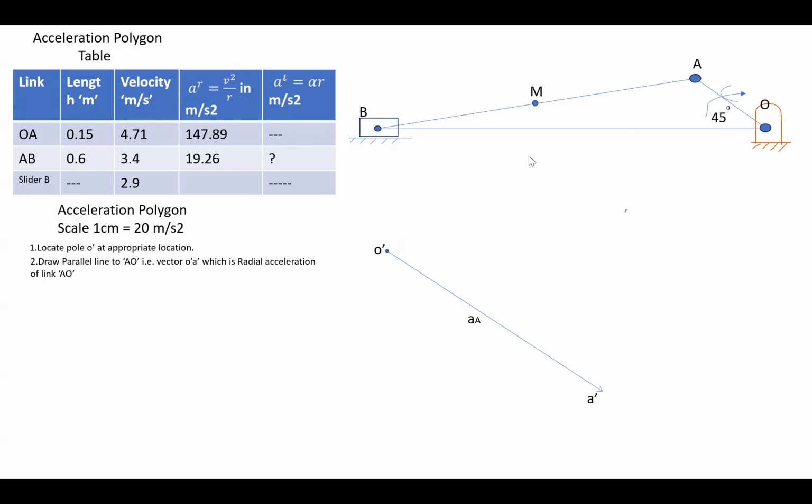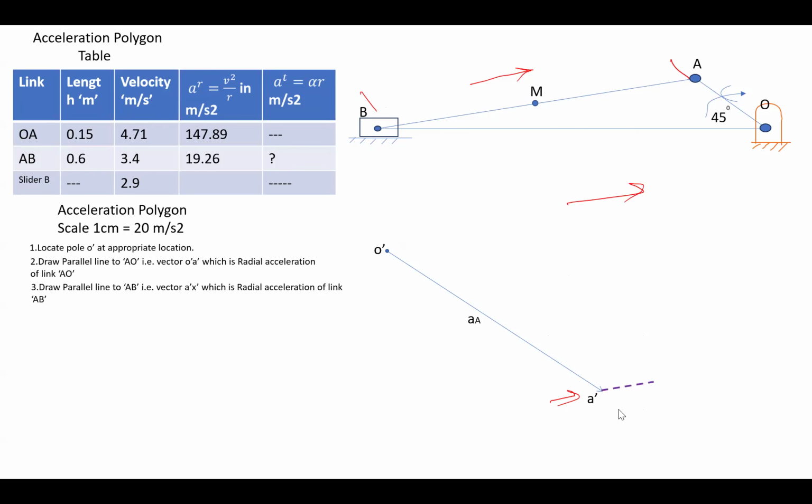So we are going to draw the radial component of AB, which is a line parallel to the AB link in this direction. You have to draw it from either A dash or B dash, whichever is available. So we have A dash. We have to draw a parallel line to AB in this direction from A dash.